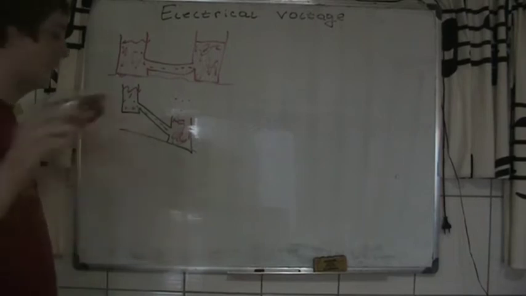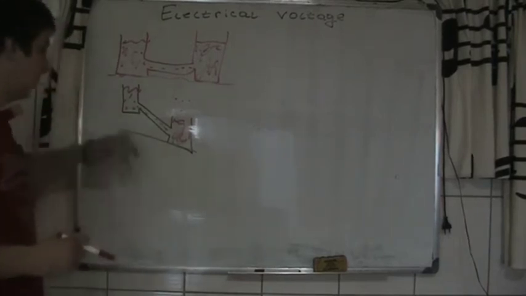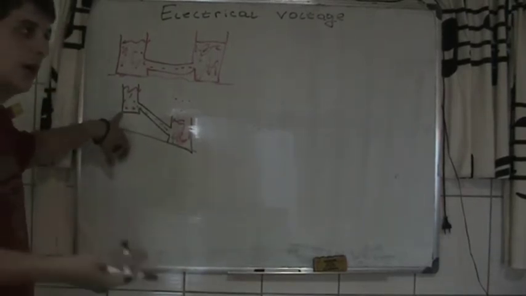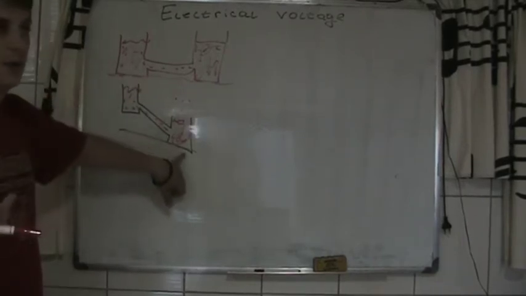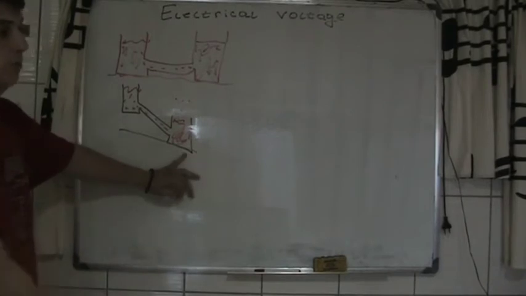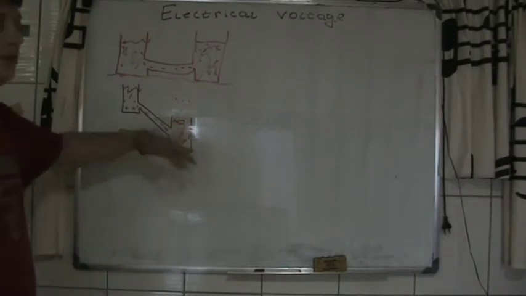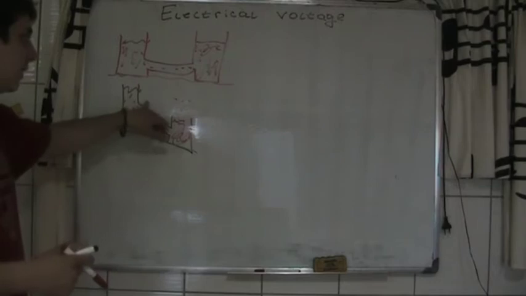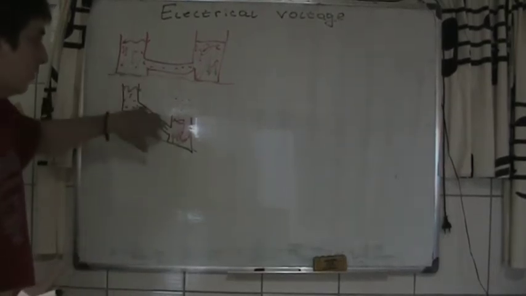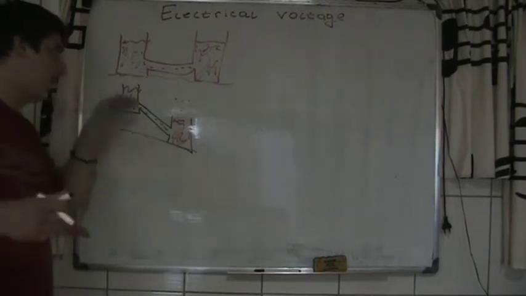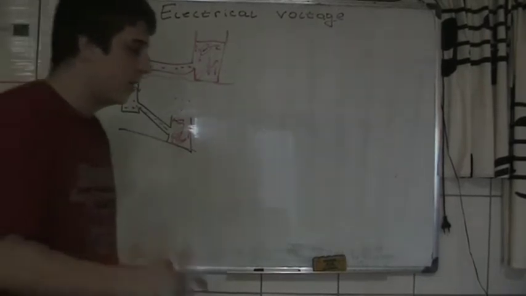And we say that this glass of water is on a higher potential. It has more potential energy than this glass that is on the ground. It has zero potential energy, and you can say there is a current flow of water from the higher to the lower glass.